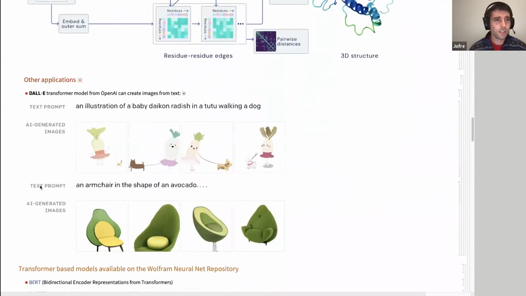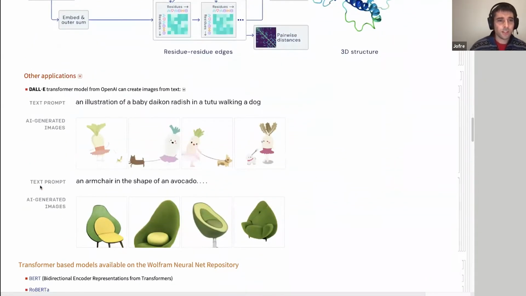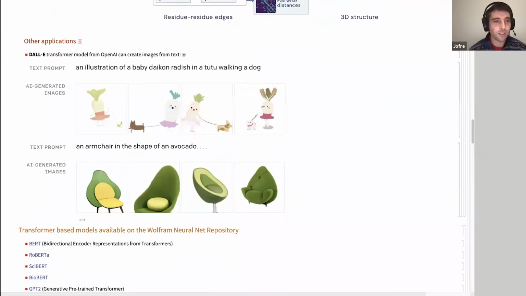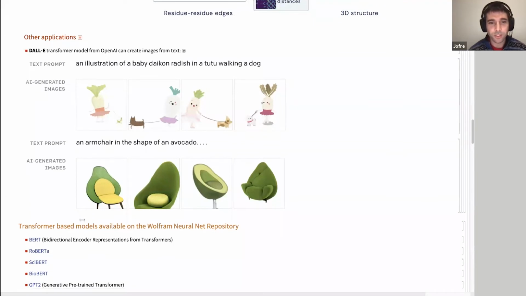Another application that was done by OpenAI was the DALL-E transformer model based on the GPT-3 model, which can create images from text prompts, like for example, an armchair in the shape of an avocado, and the model will generate these images, which I found pretty interesting.